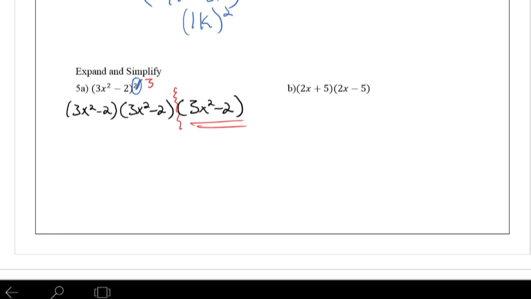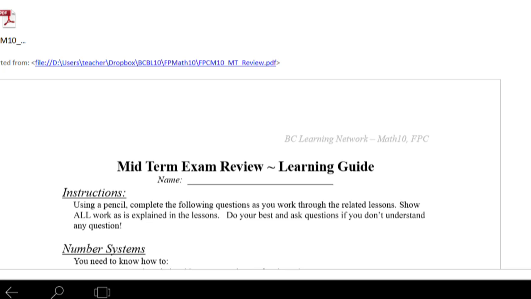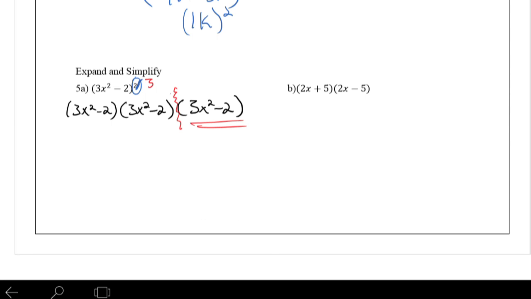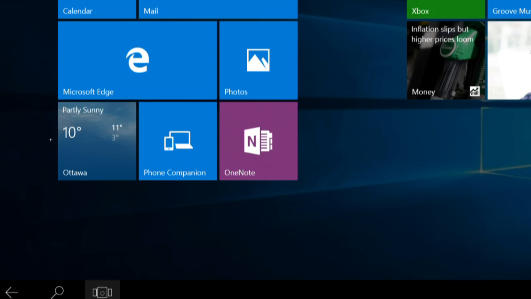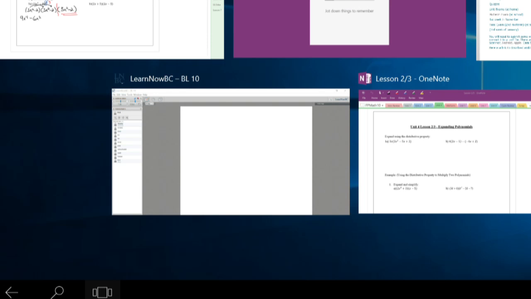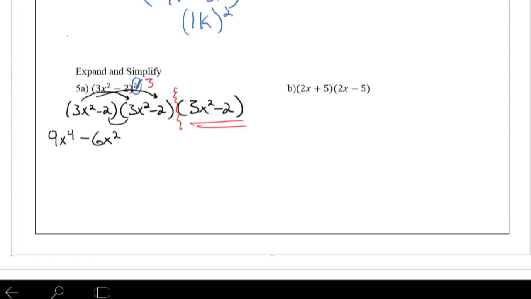So what I'm going to do is FOIL my first 2. So 3x squared times 3x squared is 9x to the 4. And then 3x squared times negative 2 is negative 6x squared. My inside, I'm going to end up with another negative 6x squared, and my last is going to give me a plus 4.